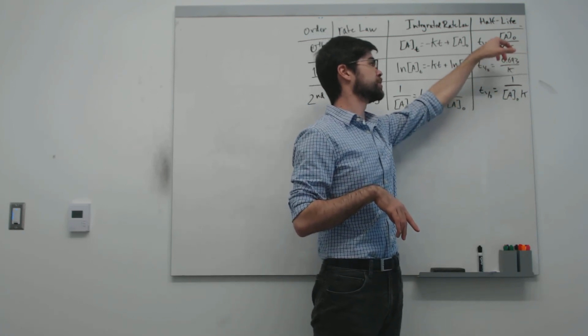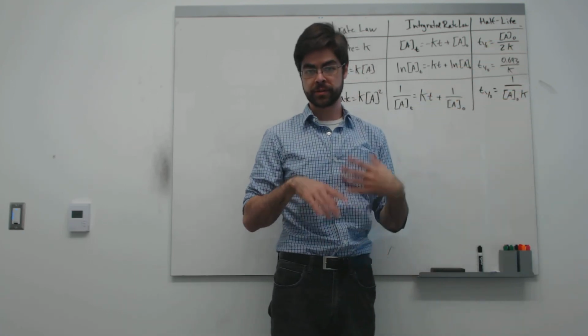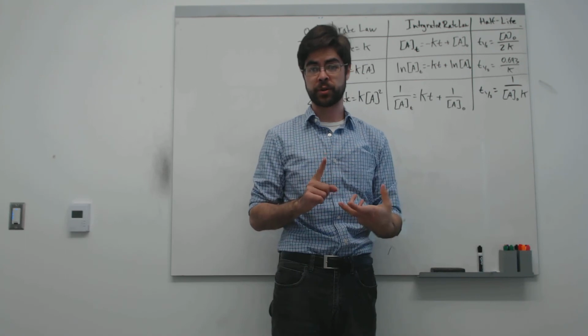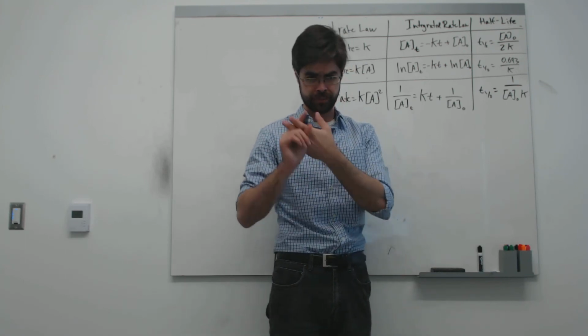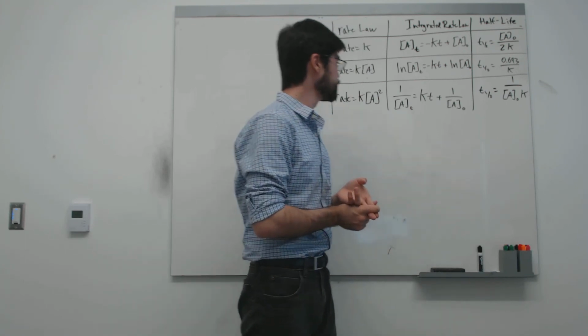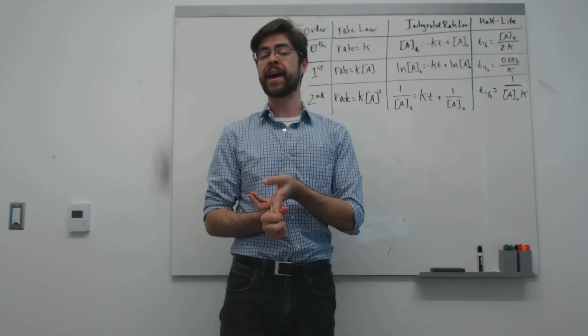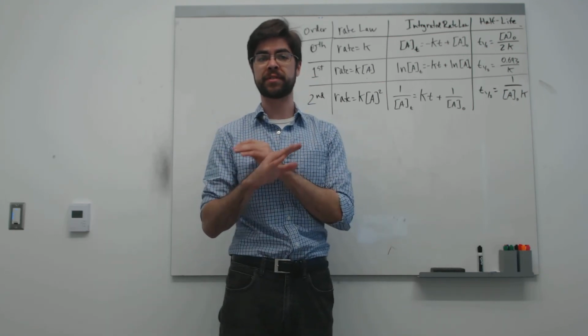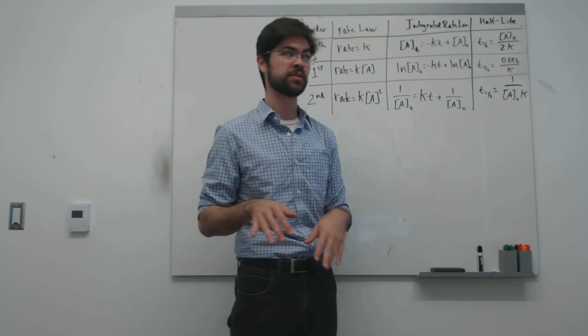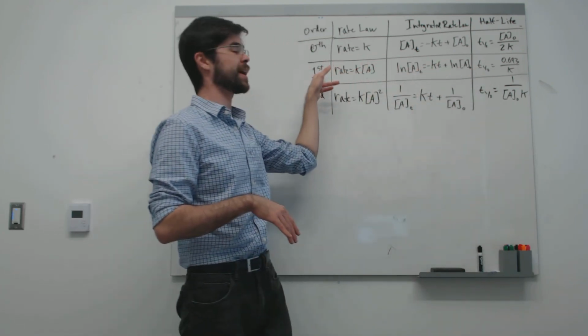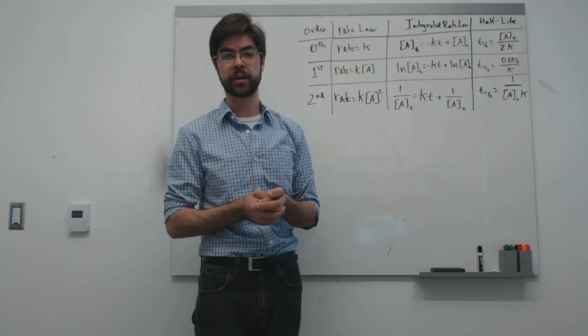So the zeroth and second order reactions, their half-lives depend on concentration, meaning that those half-lives change as the reaction proceeds. So that means if I tell you a reaction has a half-life that is independent of concentration, there's only one case where that can be, which is a first-order reaction.